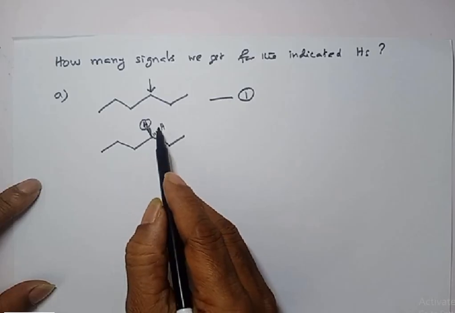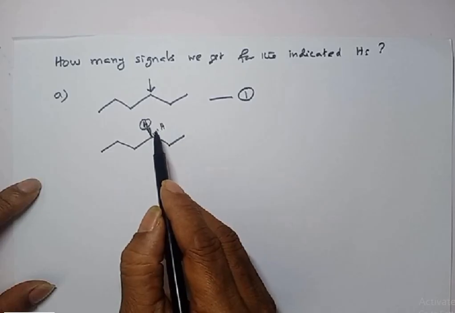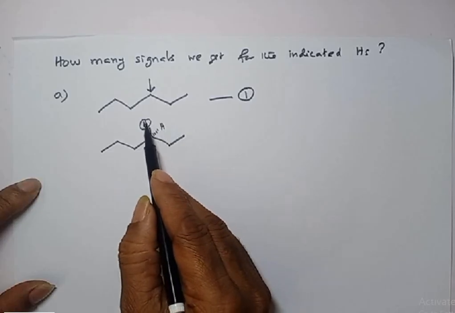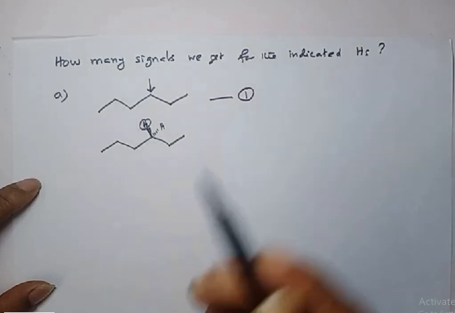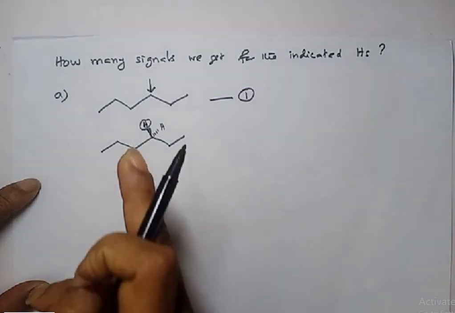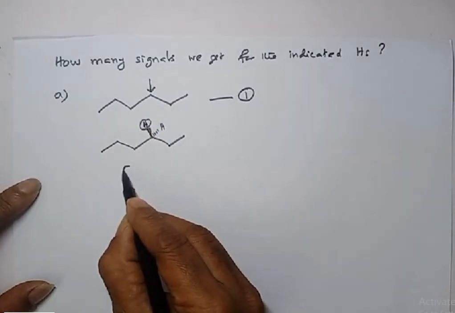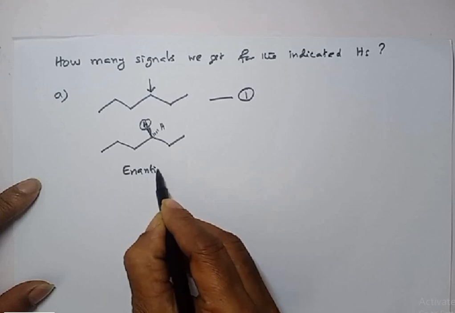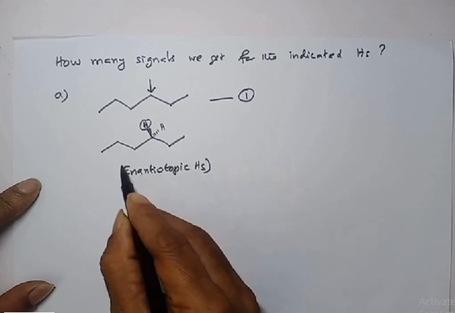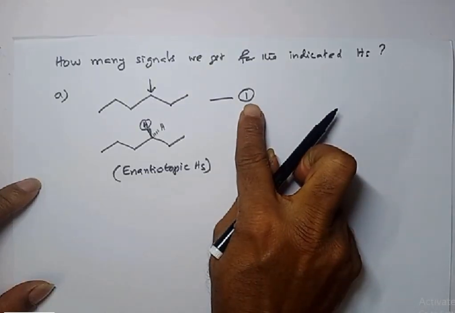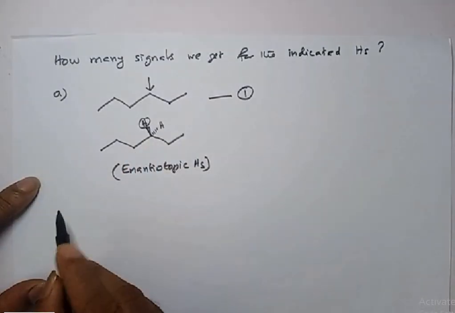If I replace this hydrogen by chlorine, I'll get the chiral carbon and two different isomers. This hydrogen will give maybe the R isomer and replacement of the other hydrogen will give the S isomer. So these two hydrogens are enantiotopic hydrogens. Enantiotopic hydrogens will give one signal. They are chemically equivalent.